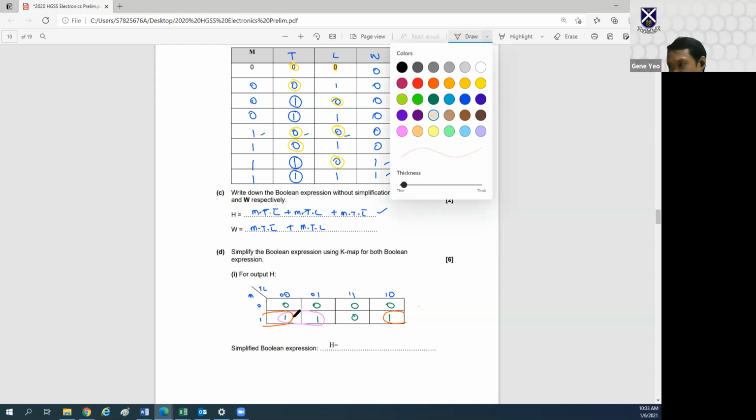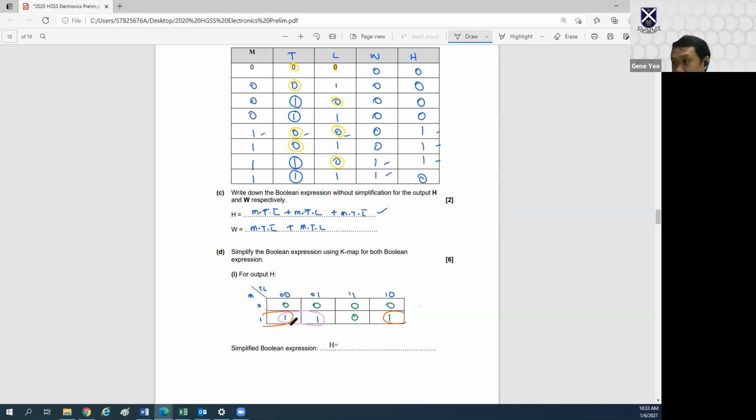I'm looking for the common ones that do not change. From here to here, the M does not change. It's still 1, 1, so I do want M. Then I look at my T. My T is 0, 0 from here to here, so T does not change either.